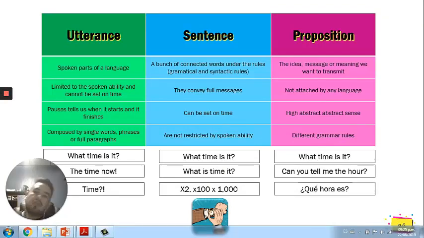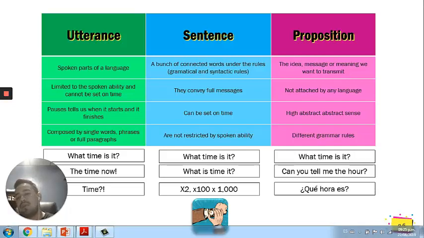In order to explain the different levels of meaning in semantics, this science makes use of three different concepts that we are going to try to explain. The first of them is utterance. What is an utterance?